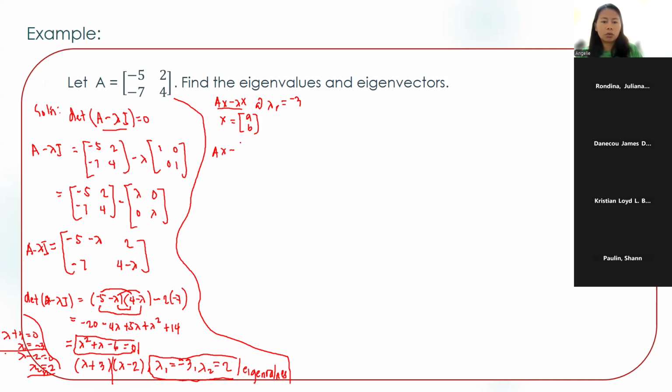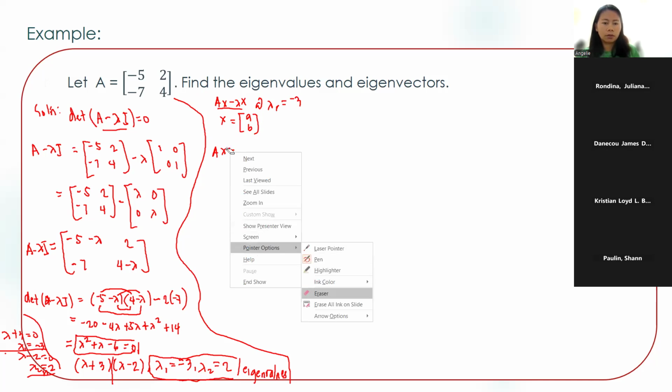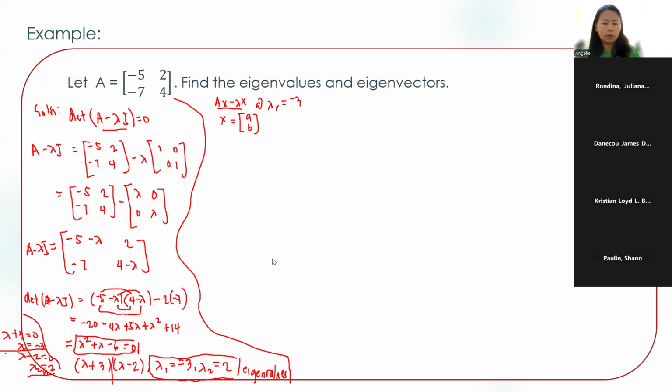Right? Using this formula, going back, we have AX. AX is equal to, wait. Okay, so we're going to use this. So we have your A is negative 5, 2. Then we have negative 7 and 4. Right?